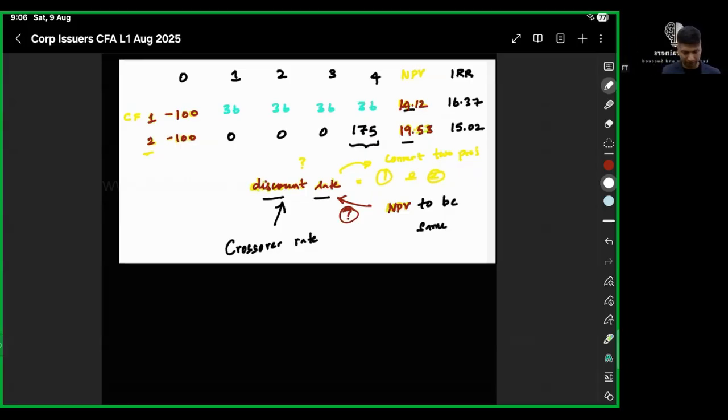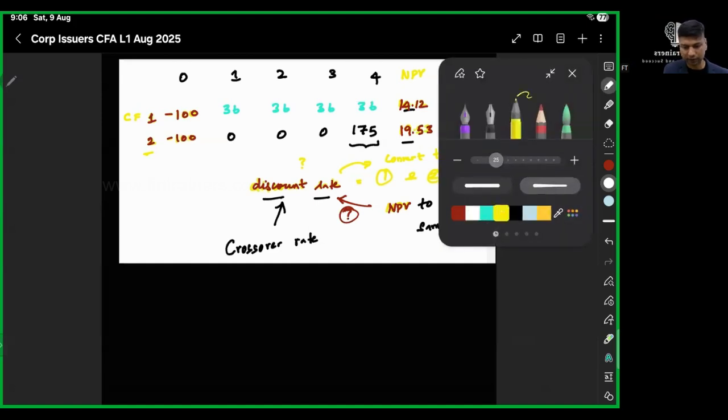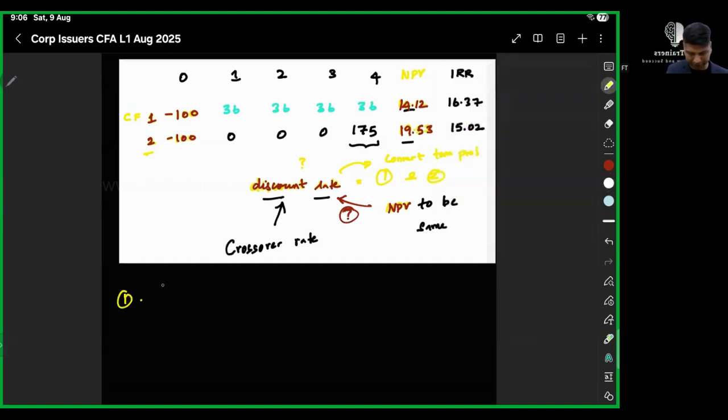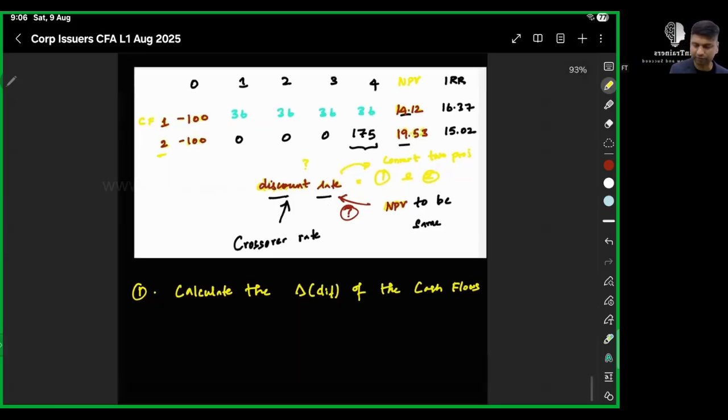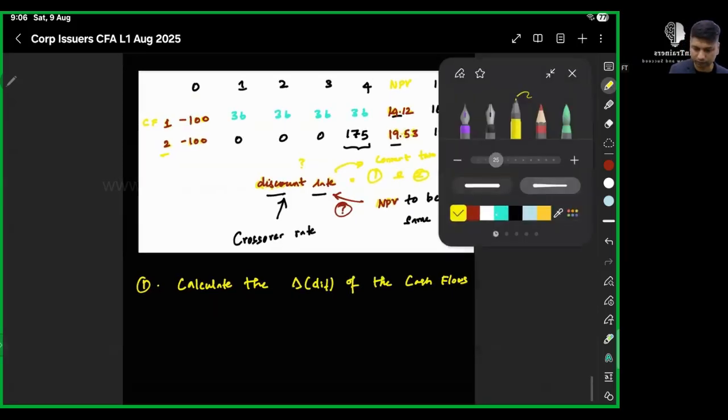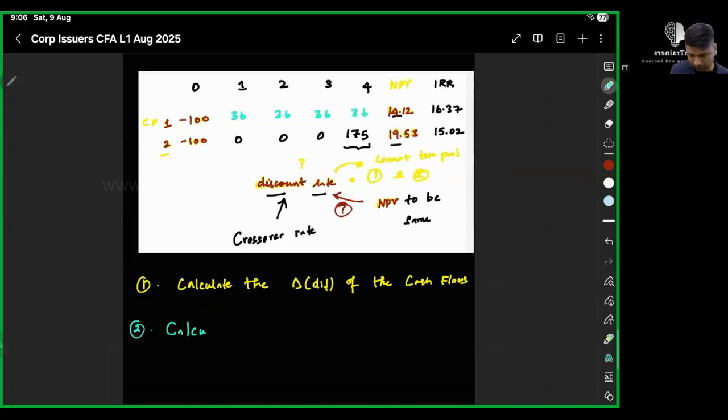It's very simple. The crossover rate is a two-step calculation. First, calculate the difference of the cash flows, the delta. Then calculate the IRR of the difference of the cash flows. That is your crossover rate.